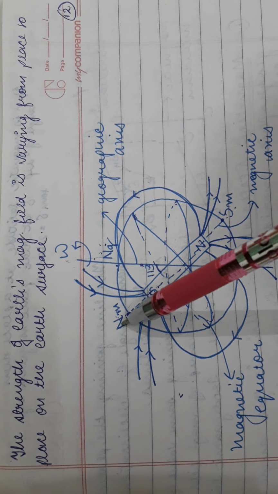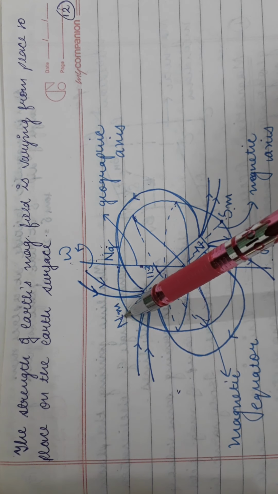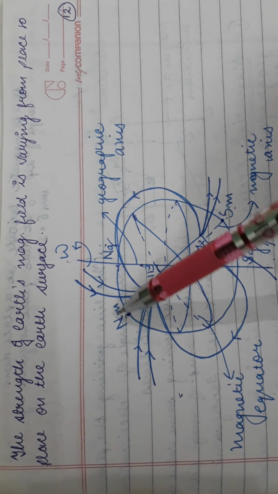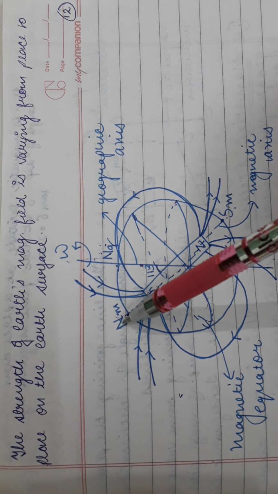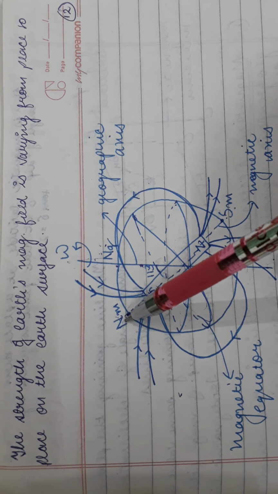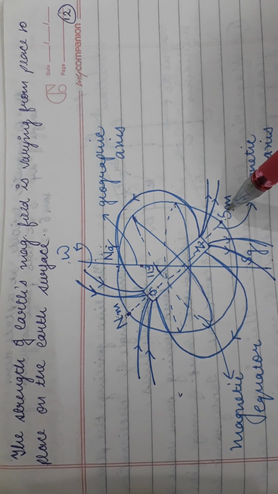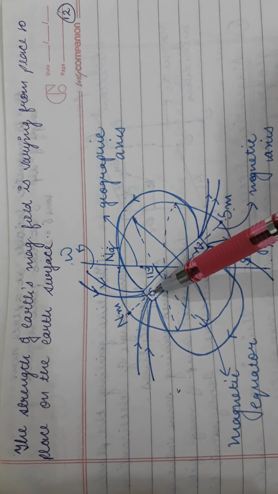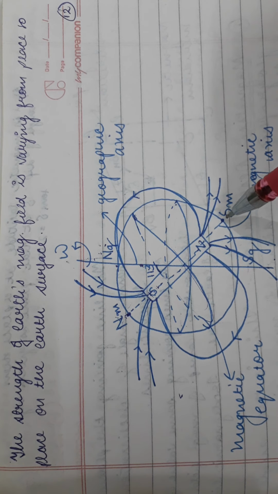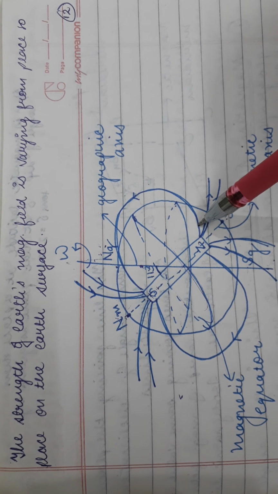The pole towards the geographical north is called the magnetic north, but at the magnetic north there is actually the south pole of Earth's bar magnet, and towards the magnetic south there is the north pole, because unlike poles attract each other.